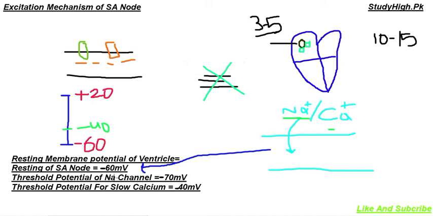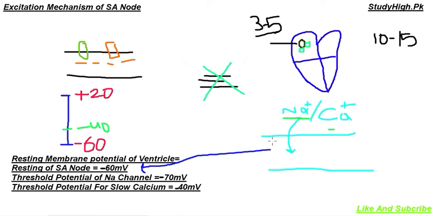That's why sodium channels cannot participate in the conduction system of the SA node or generation of action potential in the SA node, because its normal resting membrane potential is minus 60, which is the closing or inactivation potential of sodium channels. So minus 60, or minus 55 millivolt, is not only the resting membrane potential of the SA node, but also the closing potential of sodium channels.